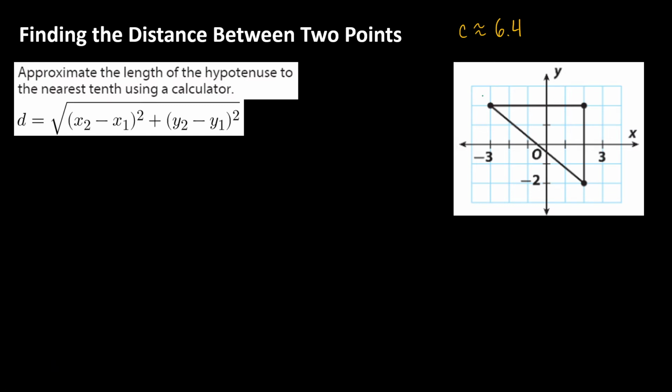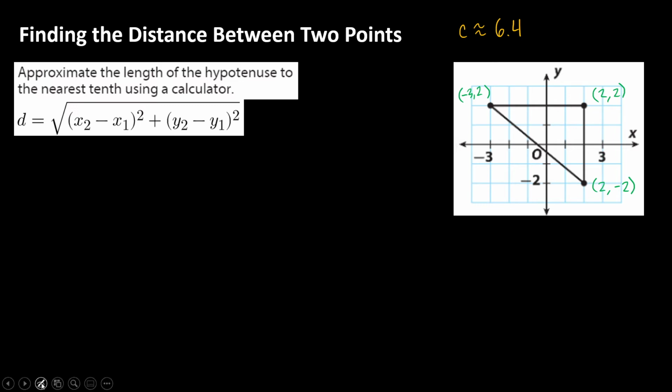Like I said before, it's very useful to label your points. So I know that this point here is -3, 2. This point is 2, 2. And my third point is 2, -2.